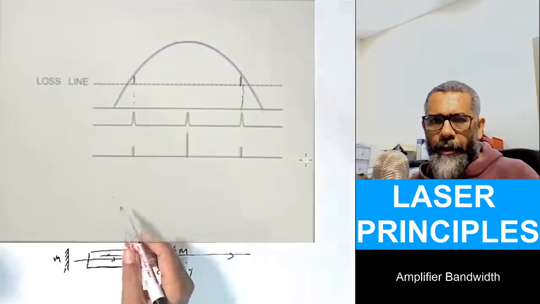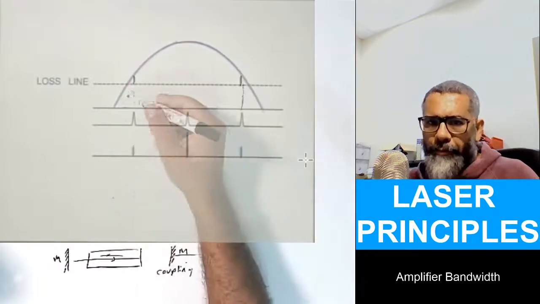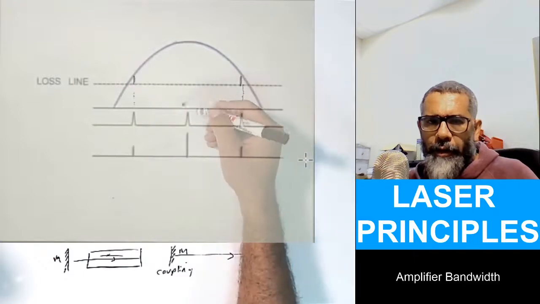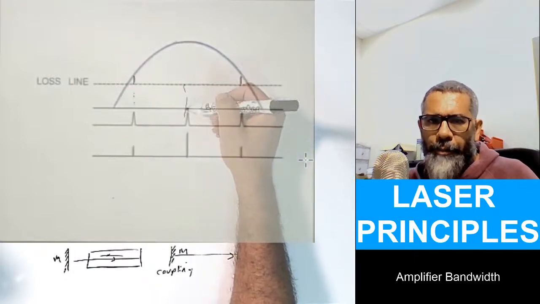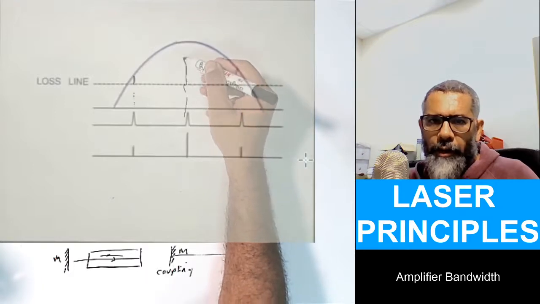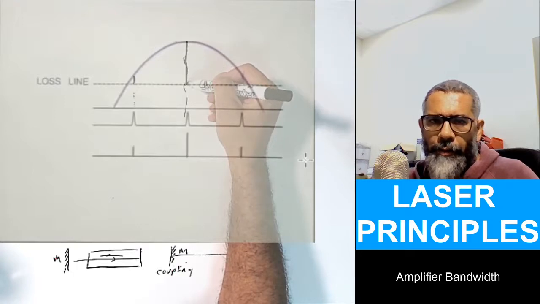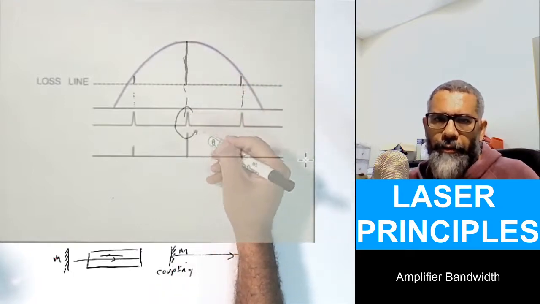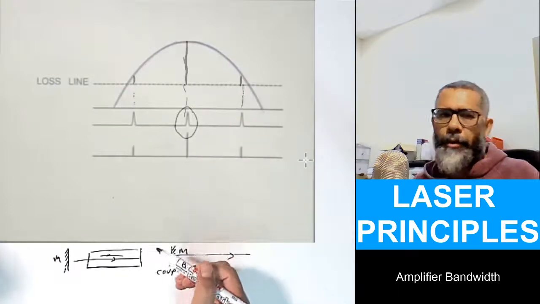But you see, these gains, this much and this much, are relatively smaller compared to this center frequency. This is the gain provided by this amplifier for this specific frequency or mode of the laser.